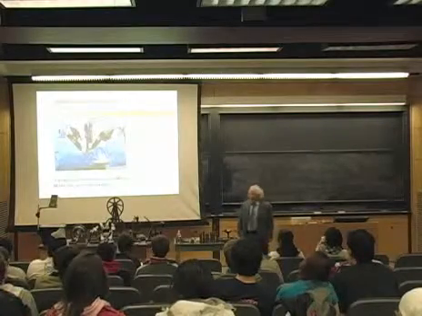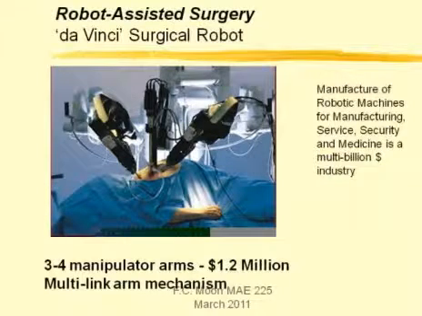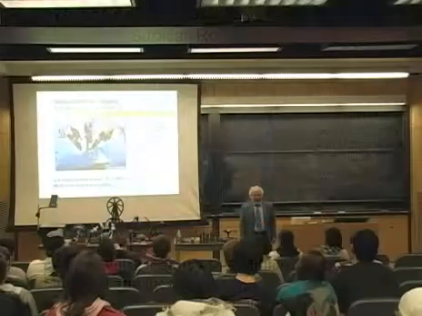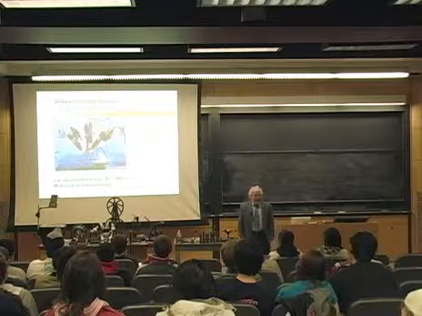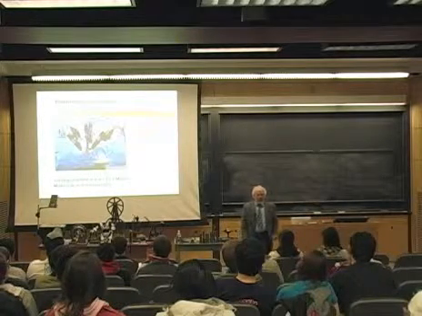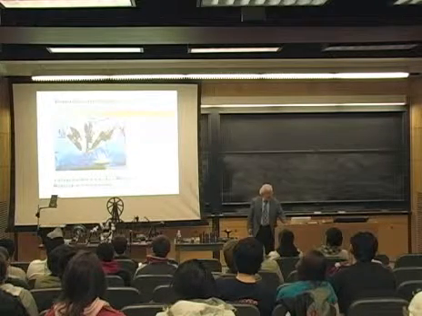One of them, for example, is the so-called da Vinci surgical robot, although Leonardo da Vinci didn't invent a surgical robot. They put his name on it. But it does capture the idea that building machines out of links and joints goes back at least to the Renaissance, if not earlier.